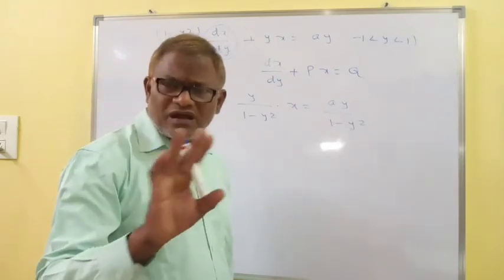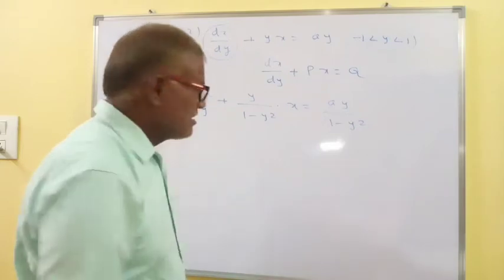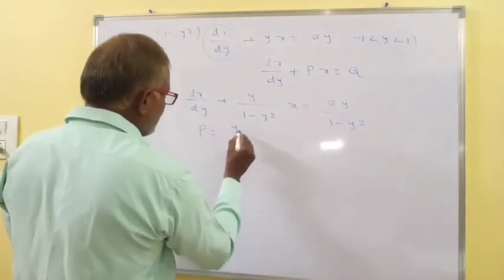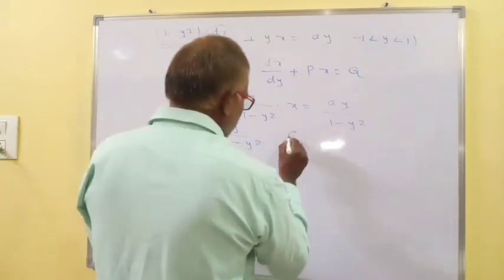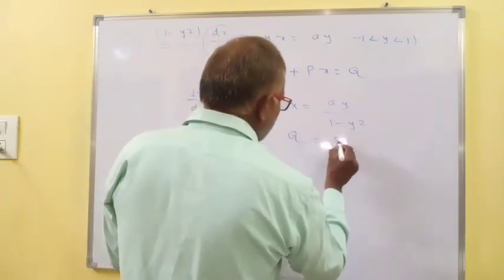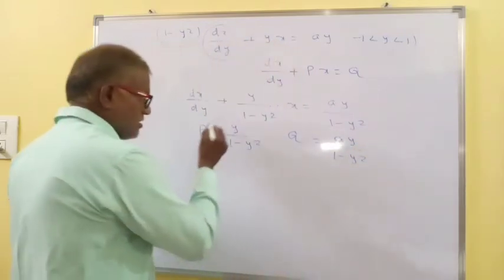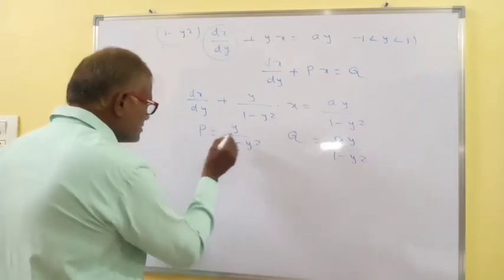Remember this one, not to find the solution of the differential equation. Are we clear? Now here only P is required. Actually we should mention Q also, but we only have to calculate this one.